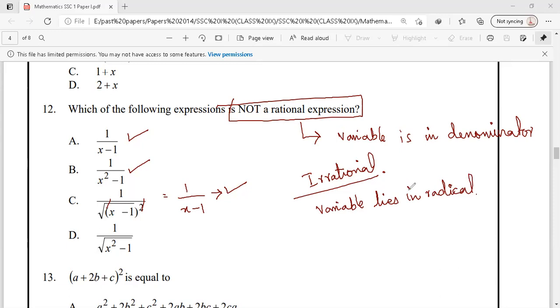If the variable lies in a radical of any index, the expression is known as an irrational expression. So यहाँ हमारा variable रेडिकल साइन के अंदर आ रहा है. So this is our irrational expression and this is our correct answer for this question.